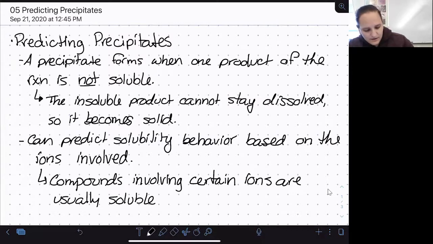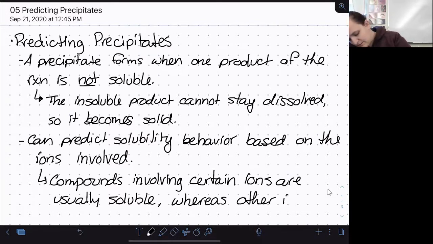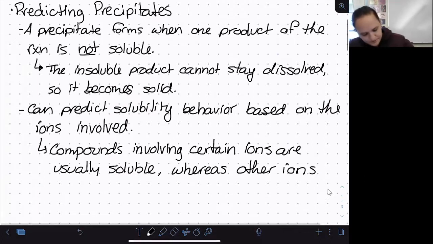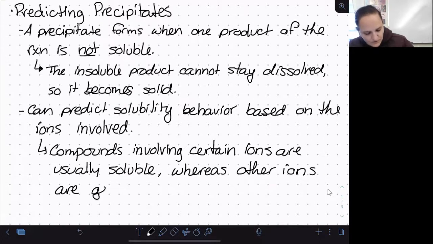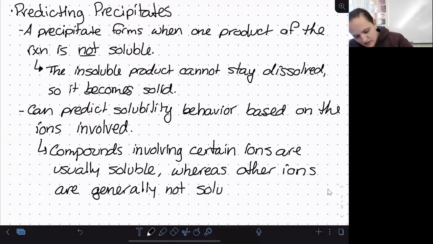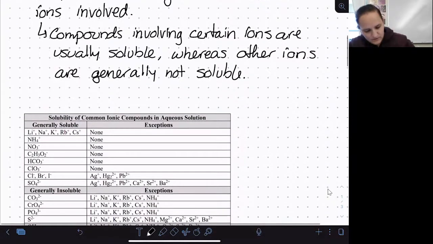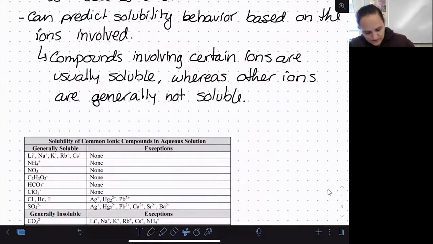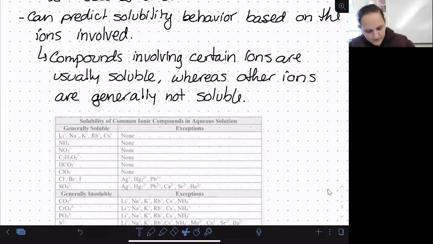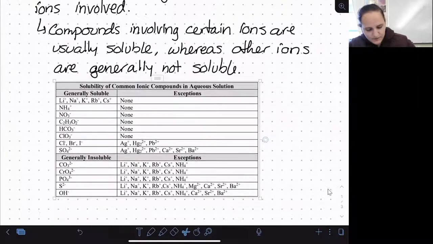So there are patterns that allow us to make these predictions, and the collection of these patterns is commonly known as the solubility rules. This is a simple list of the solubility rules.